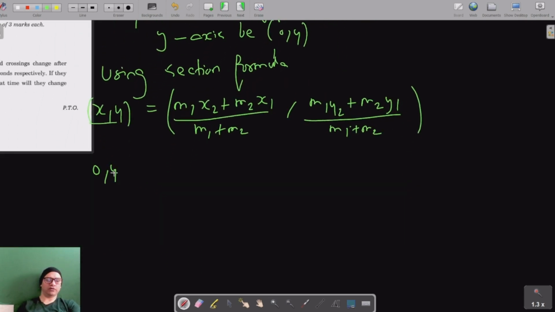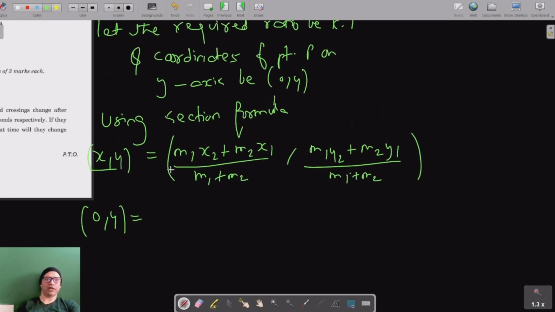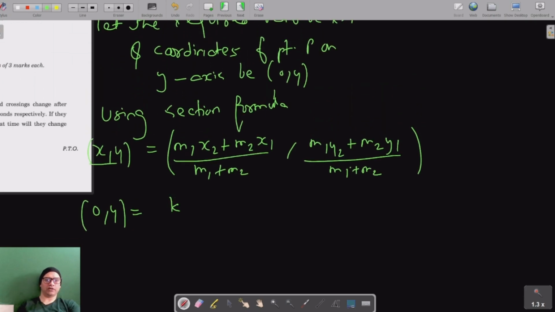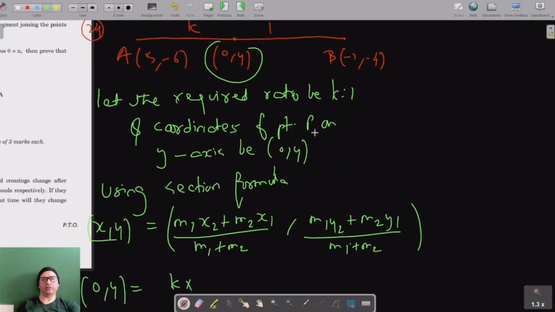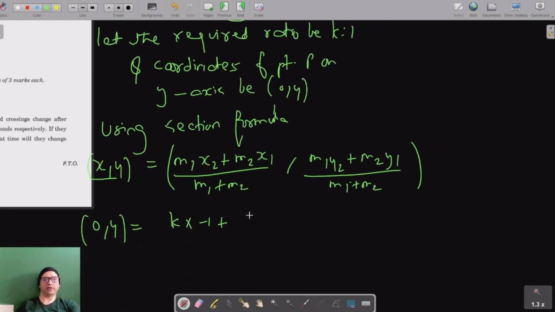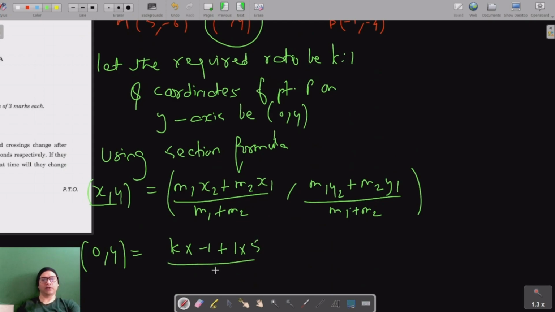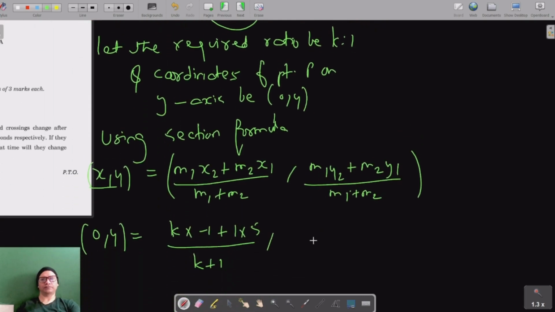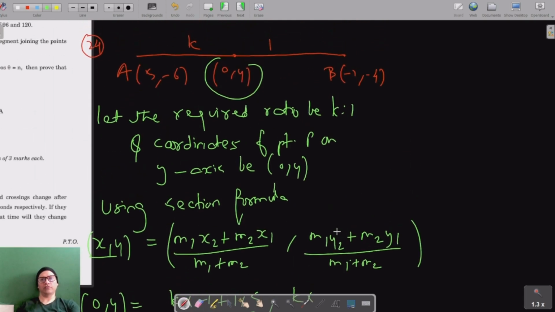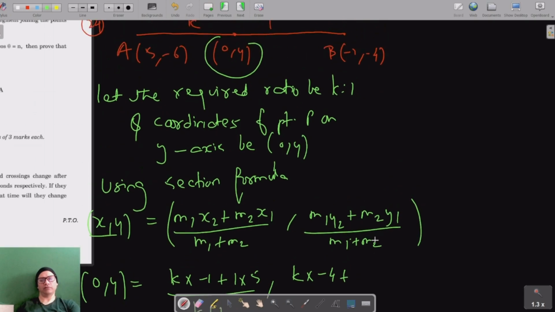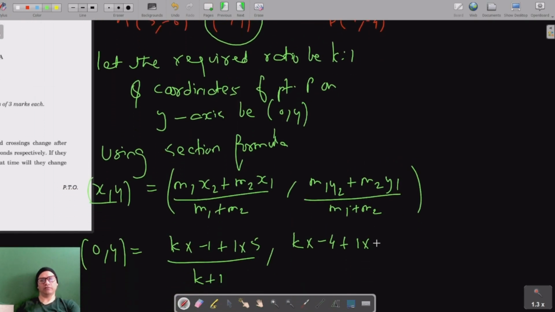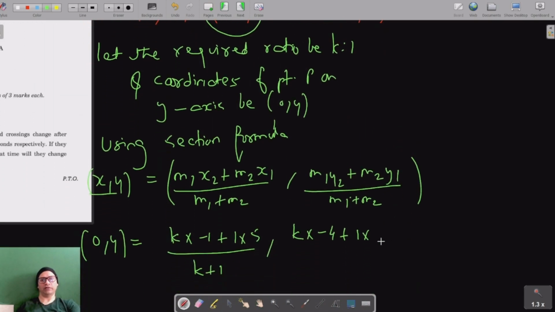So x is 0, it's being on the y-axis, and m1 is k. Now x2 is negative 1, m2 is 1, and x1 is 5, upon k plus 1, and m1 is k, y2 is negative 4, m2 is 1, and y1 is negative 6, upon k plus 1.